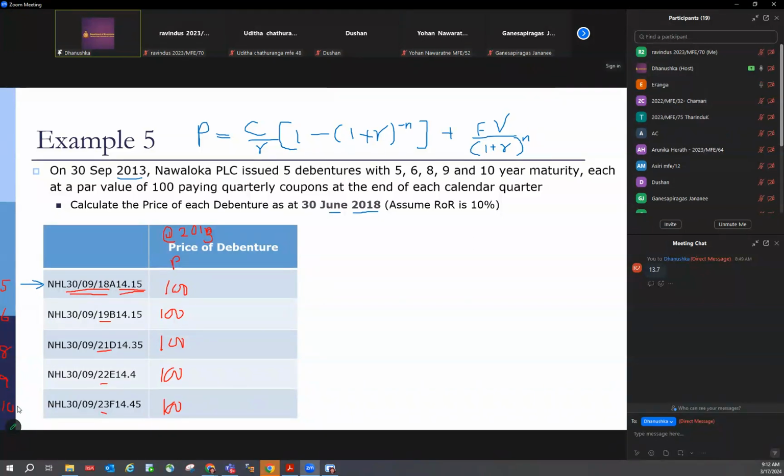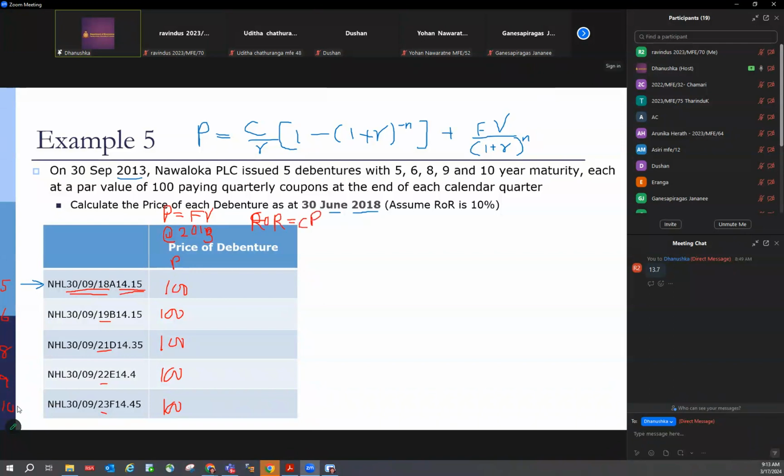The required rate of return and the coupon rate are the same? Yes. Exactly. Because your price is equal to face value, we know that your required rate of return is equal to your coupon rate.